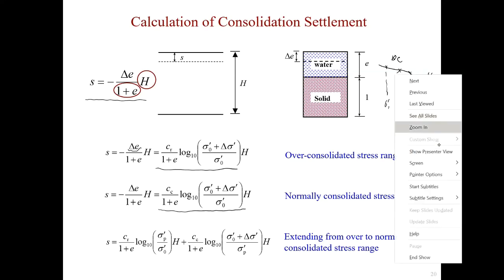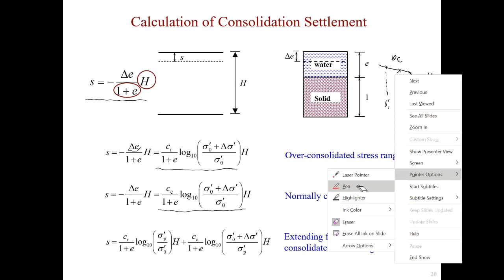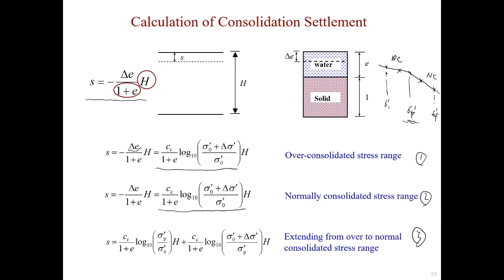So my calculation of the settlement has to be composed of two stages. One is the settlement from here to here, and the other one is the settlement from here to here, and I need to sum them together. So that's the two parts of the calculation, and we sum them together.